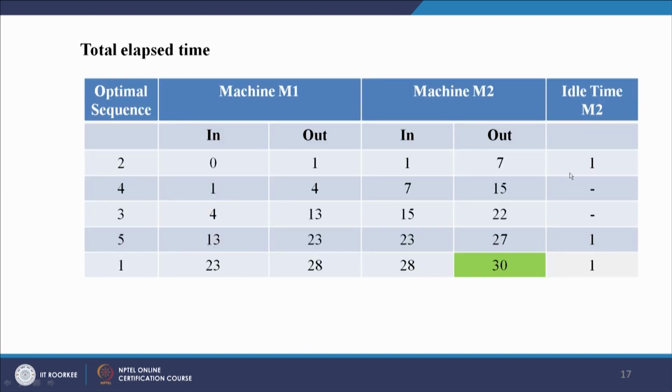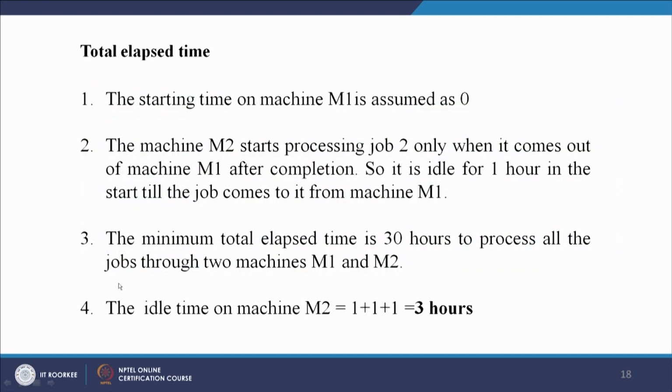It is idle for 1 hour in the beginning of the processing, then for job number 5 and job number 1. So 1 plus 1 plus 1, 3 hours of idle time on machine 2. With this, I think we will conclude today's session.